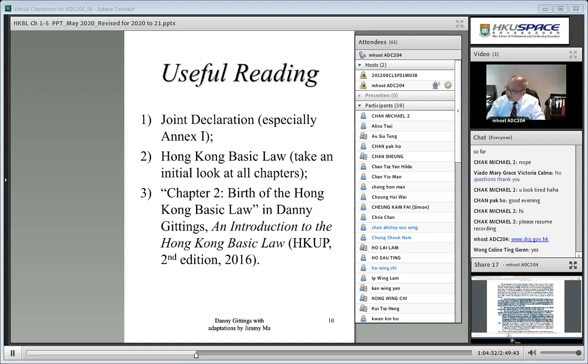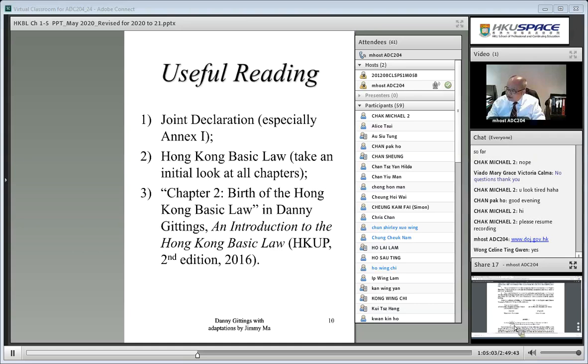The key is that there are 12 points that the two countries jointly declare on the future of Hong Kong. We'll go through this later on, and then 8 full paragraphs, and that's it. But it comes with 3 annexes.